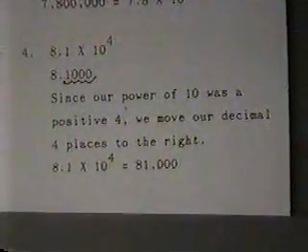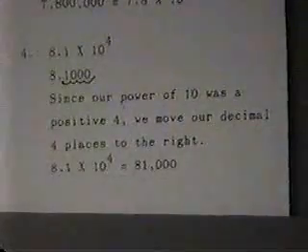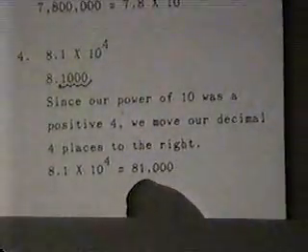All right, so let's look at example 4 now. Let's go the other way. Let's write it out. If we have 8.1 times 10 to the 4th, then we go this direction. So the number is 81,000.